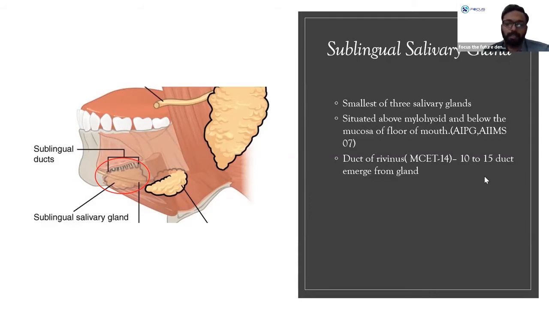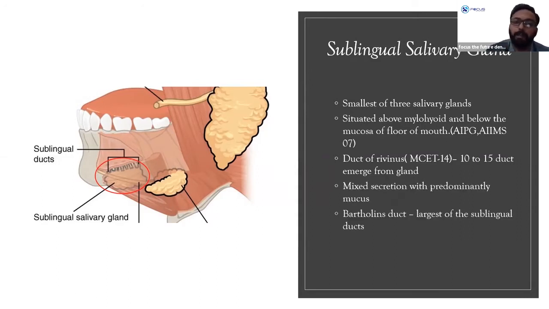Yes, it is the largest one. Now, what do you mean by largest one? Ducts of Rivinus are 10 to 15, and they emerge from the sublingual gland. Among the ducts of Rivinus, you have Bartholin's duct, which is the largest of the sublingual ducts. So it is one among the ducts of Rivinus, only this is the largest one. Okay.